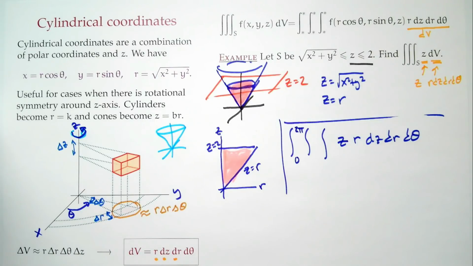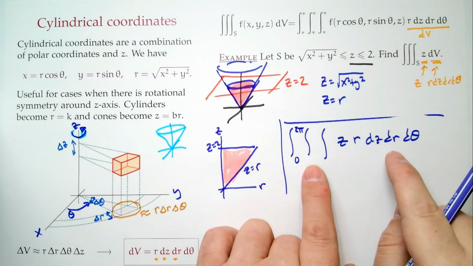And in this case, how far do we spin it? Yeah, we spin it all the way, which means 0 to 2 pi. All right, so that's theta. If we didn't spin it all the way, maybe only halfway, then it might be 0 to pi. But because it's fully rotationally symmetric, 0 to 2 pi.